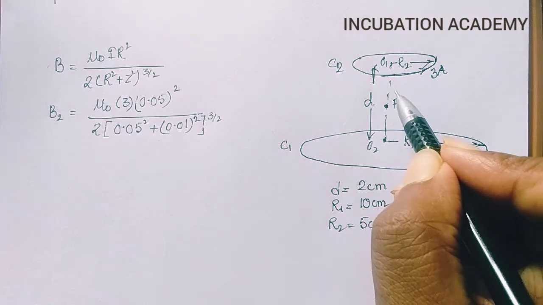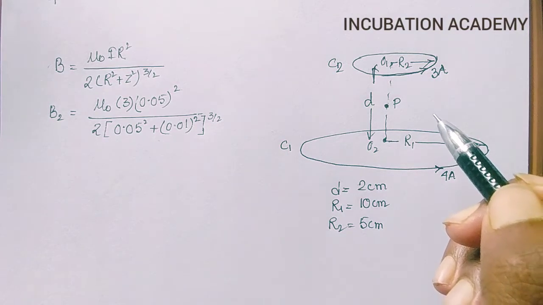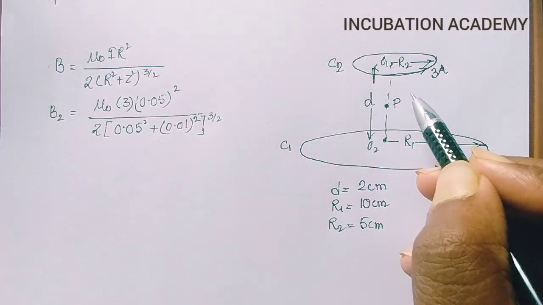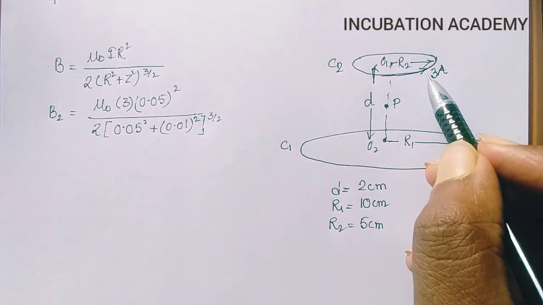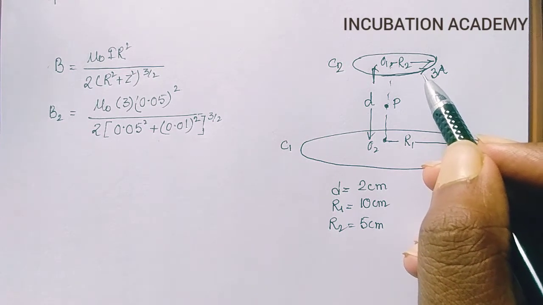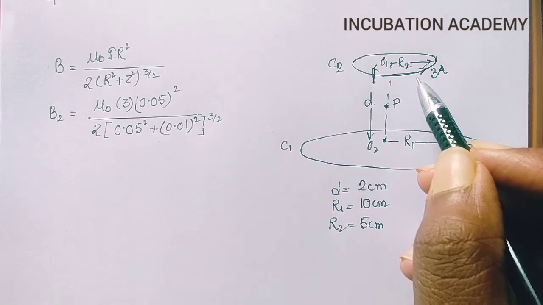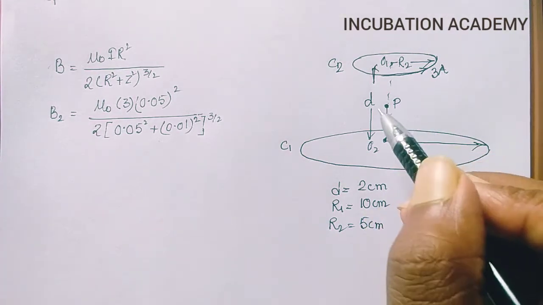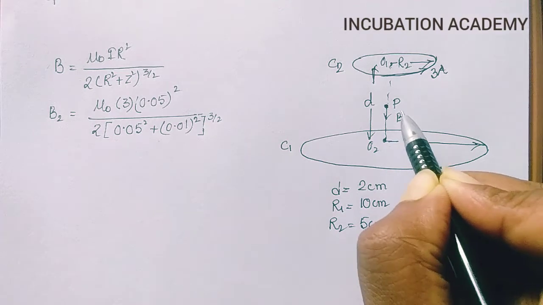So to find the direction of the magnetic field at the point, according to the right hand thumb rule, if you put your thumb in the direction of the current flow and curl your fingers, you get the direction of the magnetic field, and that will be along the axis. It is along this direction, as we checked according to the right hand thumb rule in the derivations we have done, so B2 will be in that particular direction.